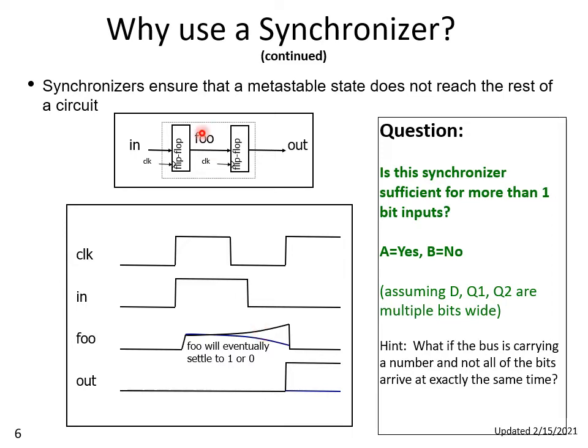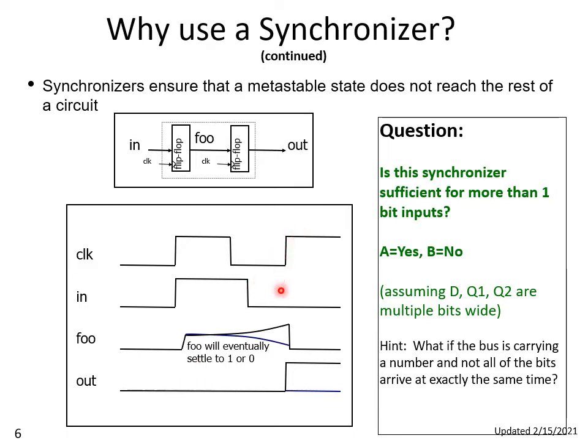Now, the second flip-flop has the output that's just called out here, and you'll notice at the output you never see any metastability. Reason being, at this clock edge, the output of the first flip-flop was 0, so that gets stored and appears at out.